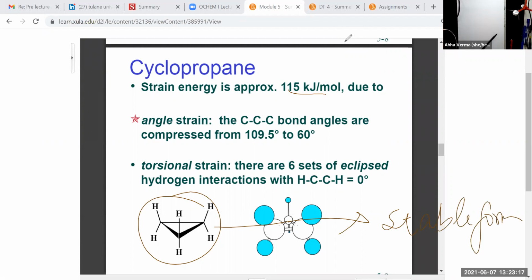So if you compare cyclopropane with just propane, who will be more reactive? The cyclopropane, because of all the strain that is associated with it. Whereas propane, just the simple linear chain propane, will be very, very stable and very happy with where it is.